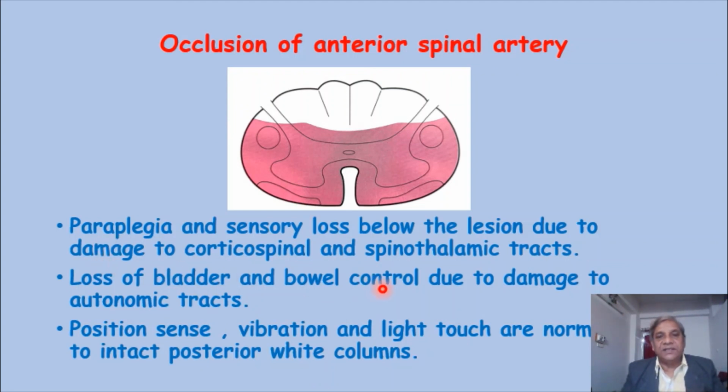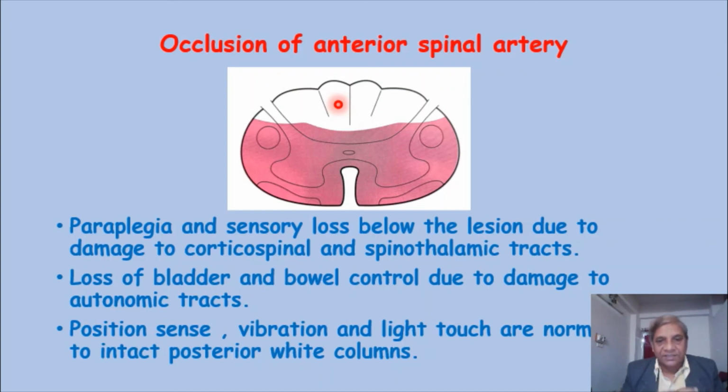Loss of bladder and bowel control will be due to damage to the autonomic tracts which run through the spinal cord. Then position sense, vibration and light touch are normal due to the intact posterior white column. This is the fasciculus gracilis and fasciculus cuneatus, which at a higher level, after relay in the gracile and cuneate nucleus, form the medial lemniscus, which relays to the thalamus, then to the sensory area of the cerebral cortex.